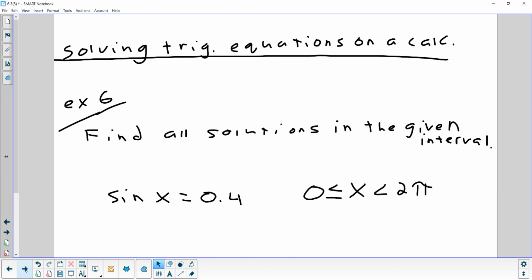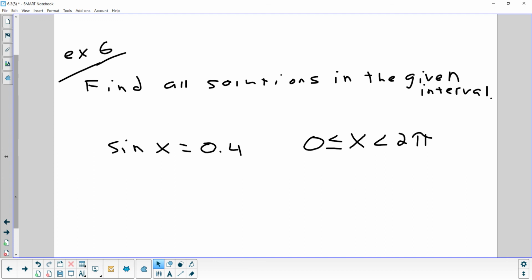Okay. So the last thing we're going to look at in this section is solving trig equations. Now there is a way to do this algebraically on a calculator that's not a graphing calculator that is faster. We're going to talk about that, I think, in 6.5. But in 6.3, they just practice solving trig equations on a calculator, and it uses a technique that we've been using all year.